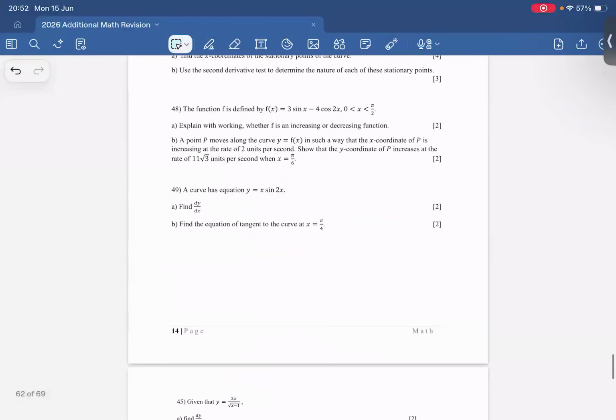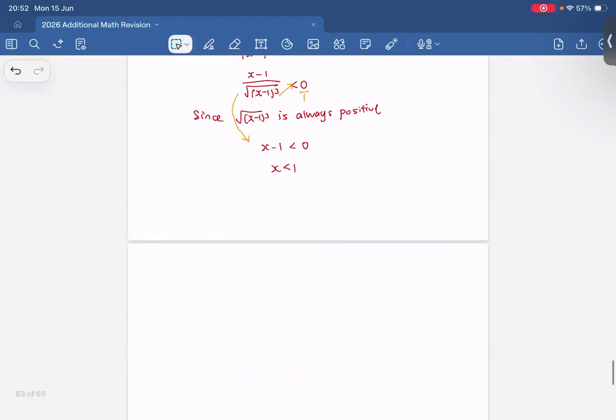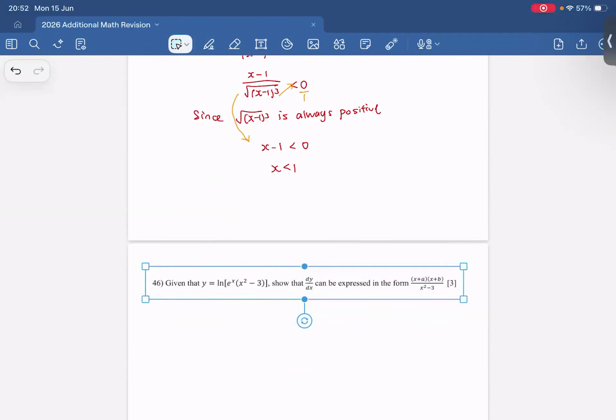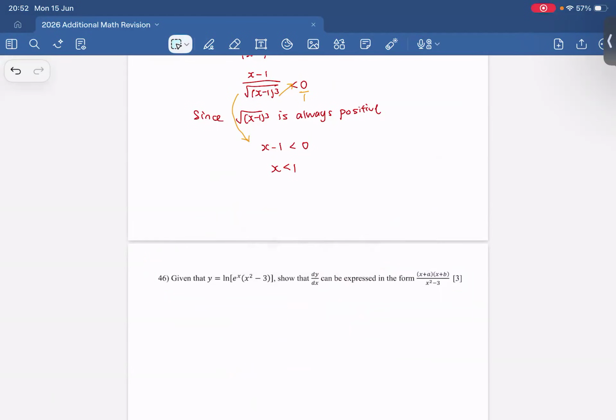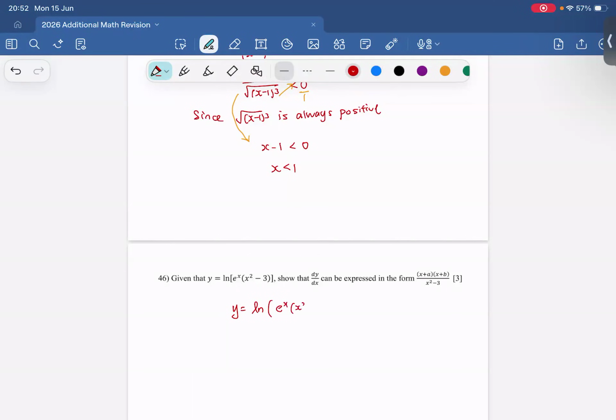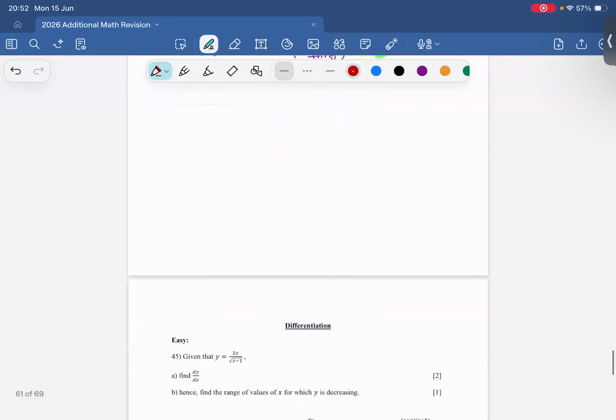The next question is to help you remember how to differentiate your ln and exponential function. Okay, so given that y is equal to this, on top I never do differentiate ln.